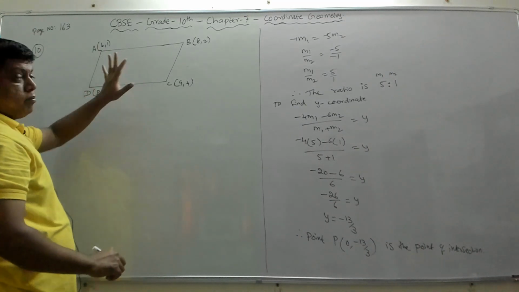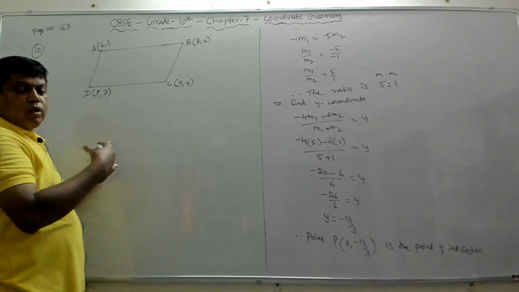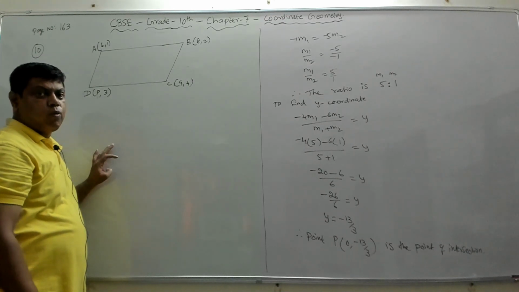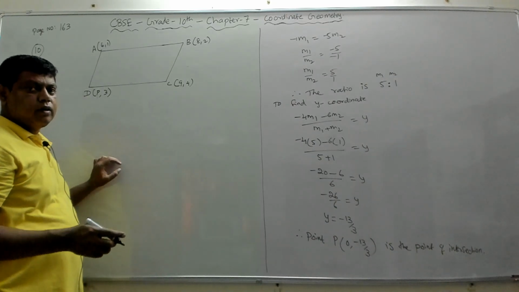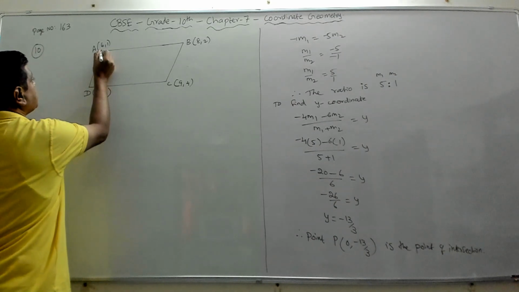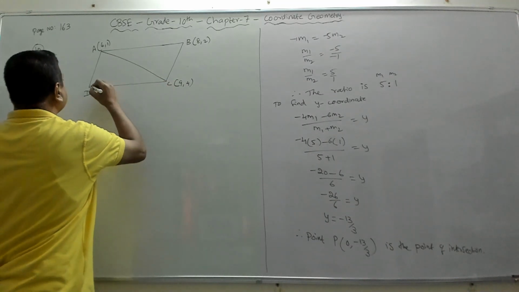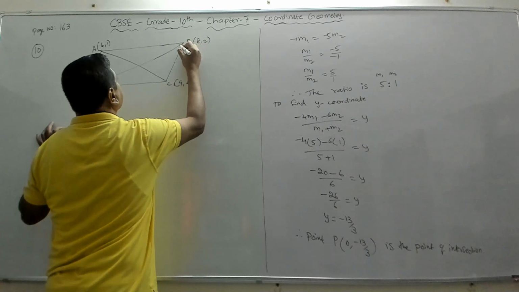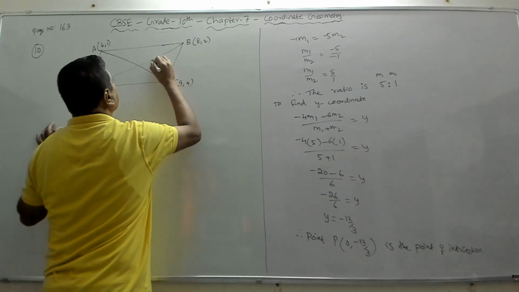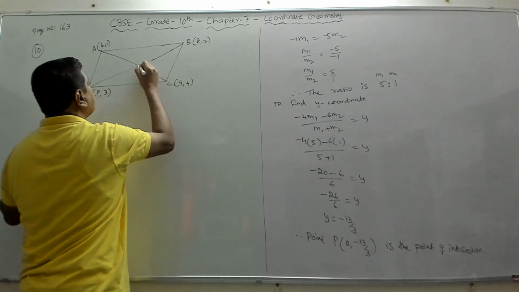Now it's a parallelogram, so we can use one of its properties: diagonals bisect each other. This means if I join A and C, and if I join B and D, they intersect at a point.